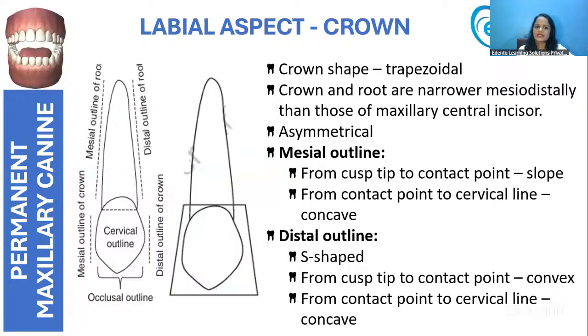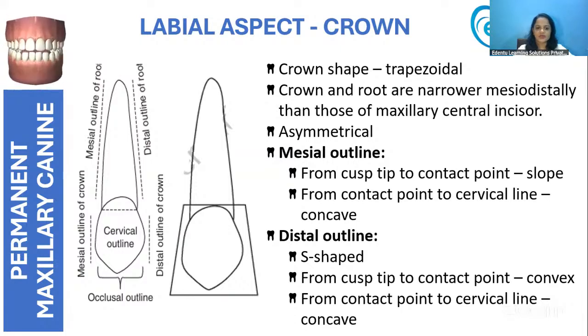Now, next we will have a look at the maxillary canine from every aspect. First we'll have a look at the crown of the maxillary canine from the labial aspect. From the labial aspect, the crown of the canine is usually trapezoidal in shape like this.